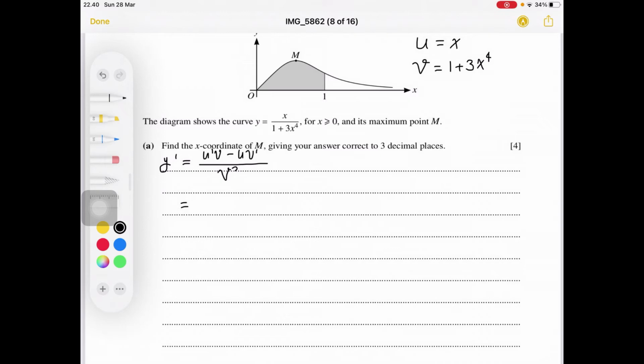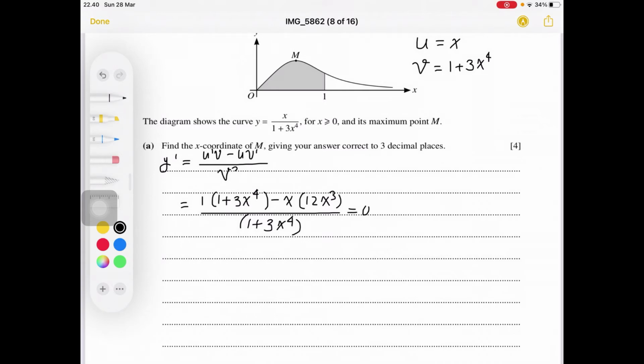So y prime will be 1 times 1 plus 3x to the power of 4 minus x times 12x to the power of 3 over 1 plus 3x to the power of 4, and then equate with 0.